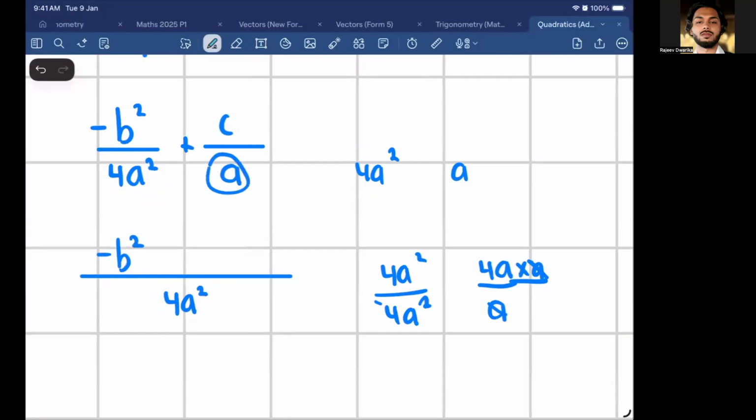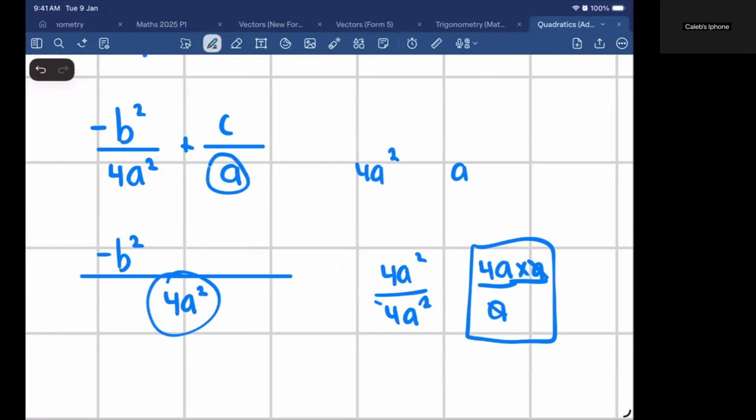Okay. Caleb, I want you to help me with this. How many times could a go into 4a squared? Check out the work in here. How many times could a go into 4a squared? 4 times.